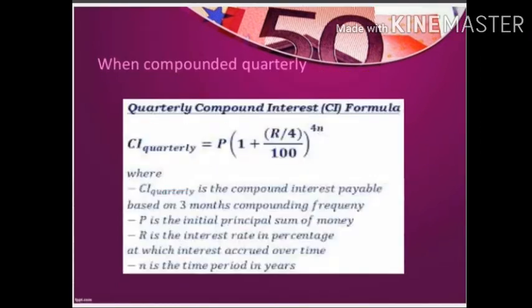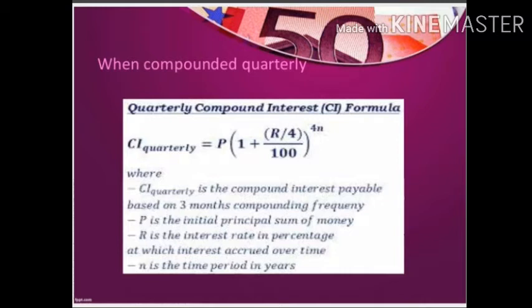Next one, when compounded quarterly, the quarterly compound interest formula is P into (1 plus (R by 4) by 100) whole power 4n, where CI quarterly is the compound interest payable based on 3 months compounding frequency.